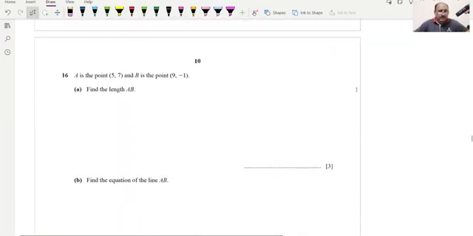Now question number 16. Question number 16 says A is the point 5, 7 and B is the point 9, -1. Find the length of AB. We can apply the length formula.